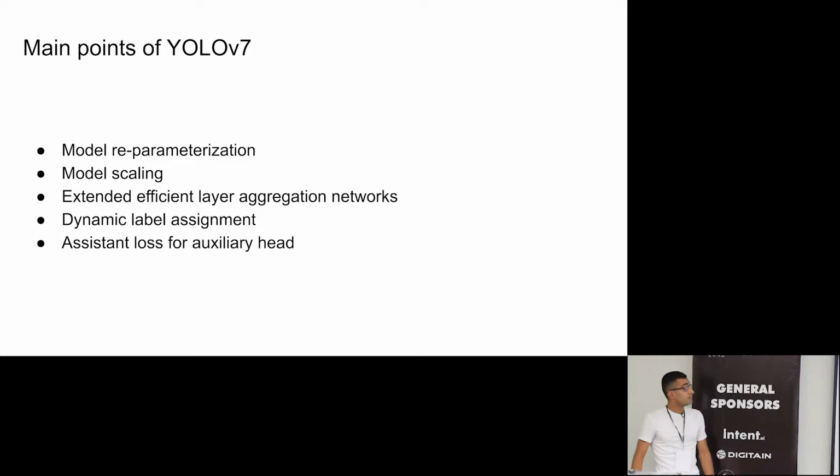They have a new computational block called Extended Efficient Layer Aggregation Network. They also started using dynamic label assignment, and they introduced a new type of loss, called assistant loss for the auxiliary head. Okay, let's see what each of these means.